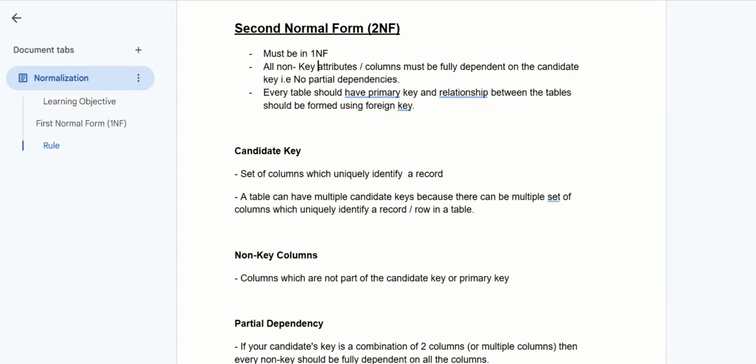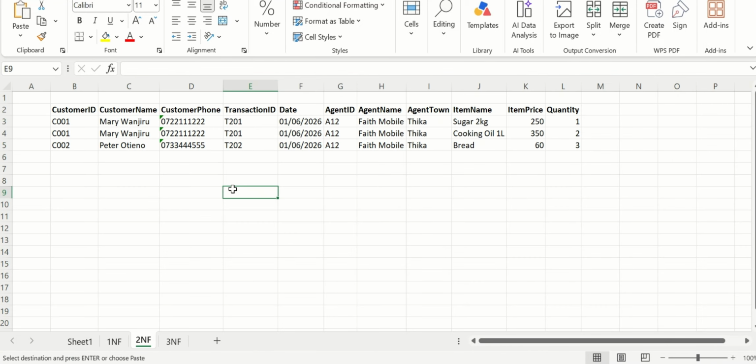So here we need to identify the candidate key, because if you look at this data, we don't have any column with unique values.